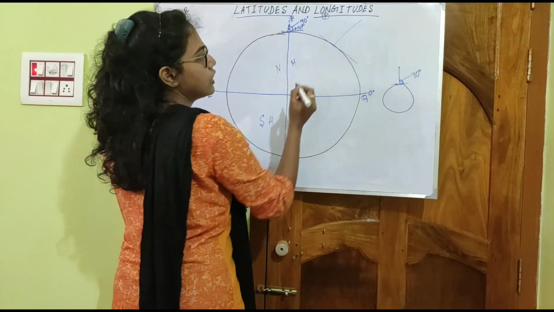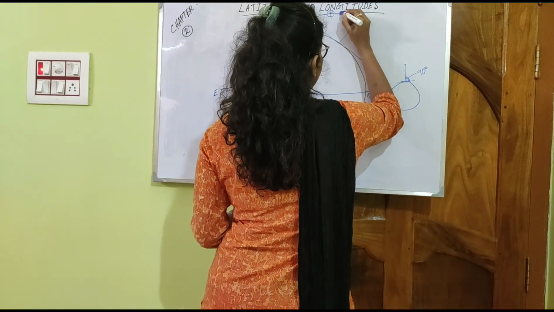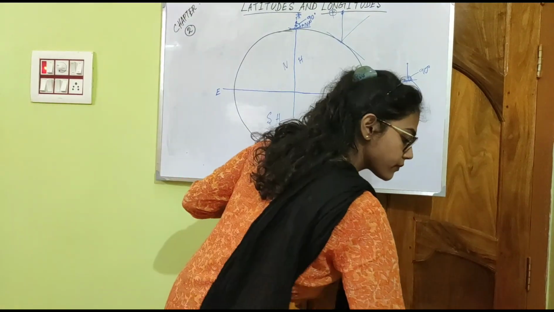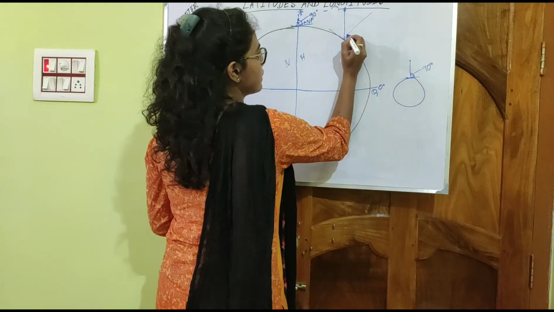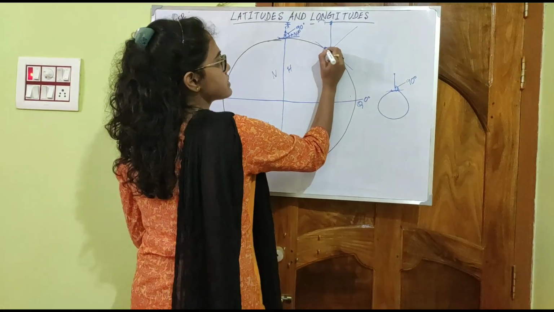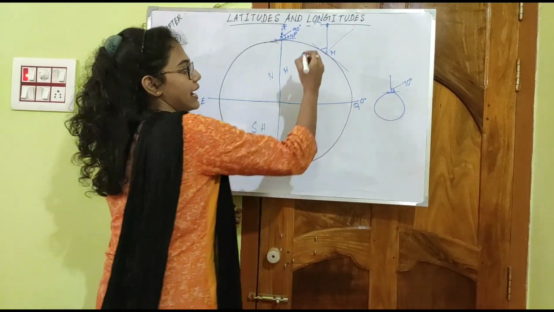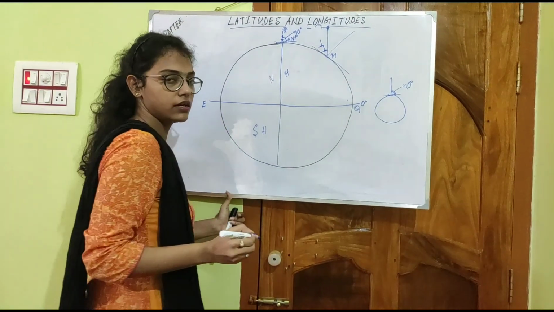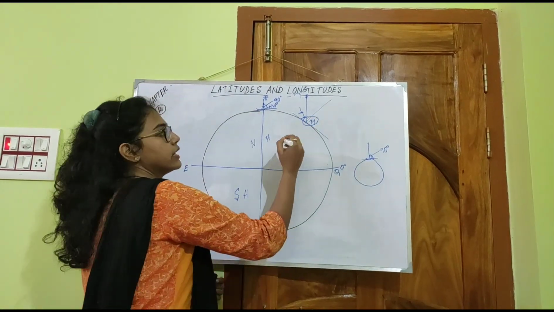From the pole star to the place where I am standing, I am taking it as point M. The altitude angle we get there will be the latitude of the place M.